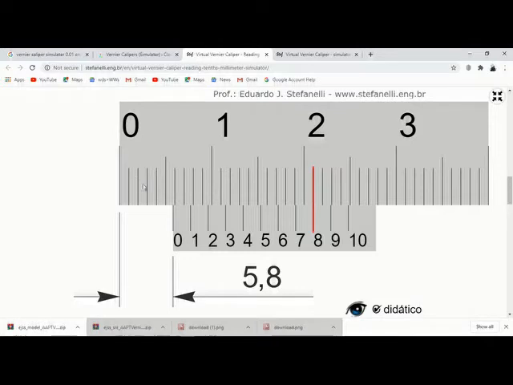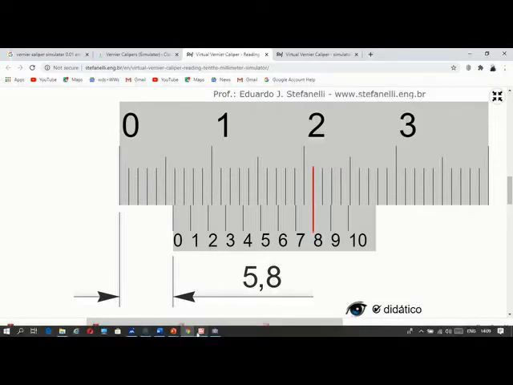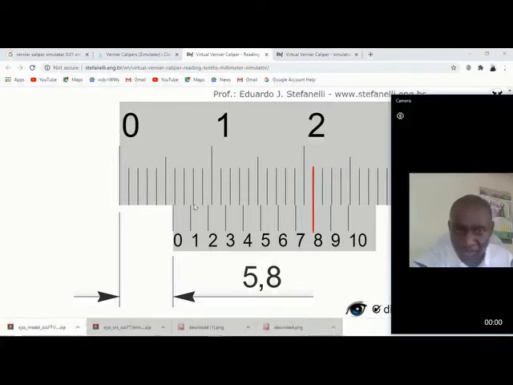So each division measures 0.1. This one here is 1, 2, 3, 4, 5, 6, 7, 8, 9, 10. 10 divisions. They measure 9 millimeter. So it's 0.9, which is actually 0.09 centimeter. This one here for a single division measures 0.1 centimeter.